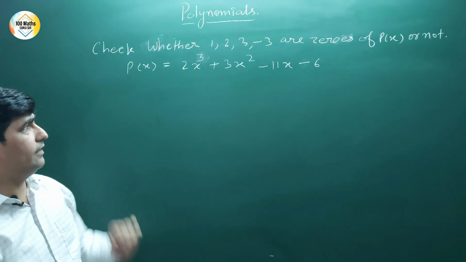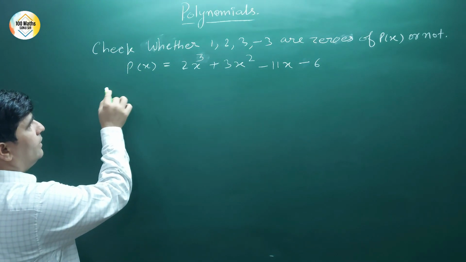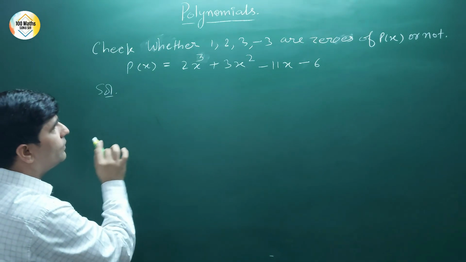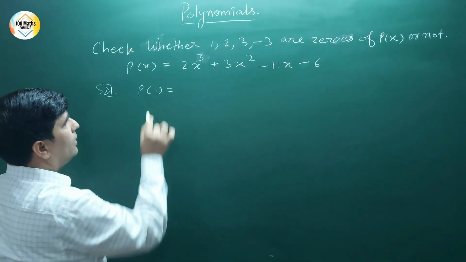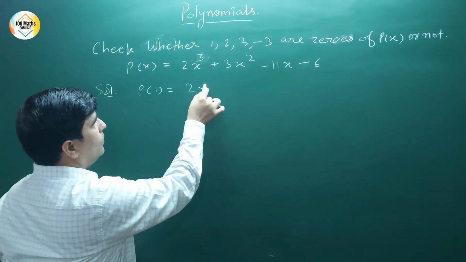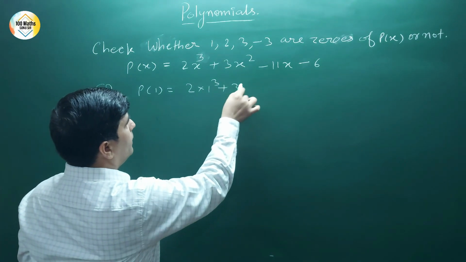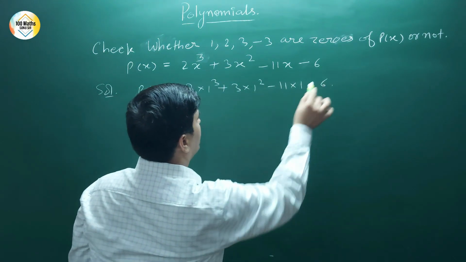So let's find this, the first point, x is equal to 1, right? So we are writing the solution. We will calculate p1. We are checking the first point. So p1 is 2 into 1 cube plus 3 into 1 square minus 11 into 1 minus 6.